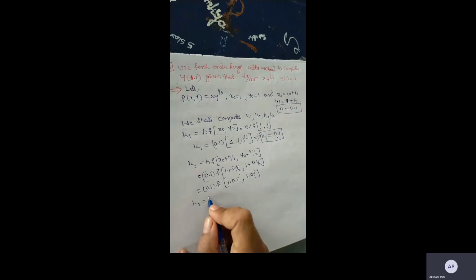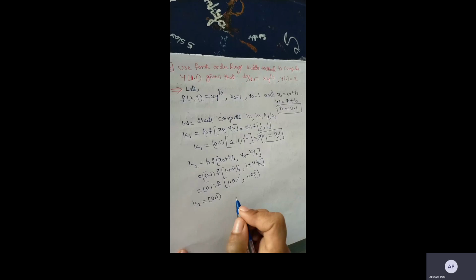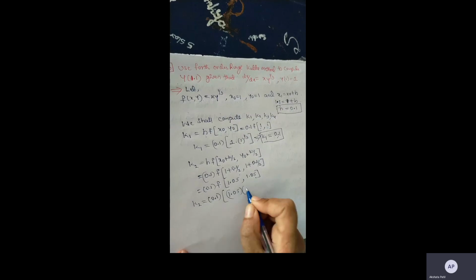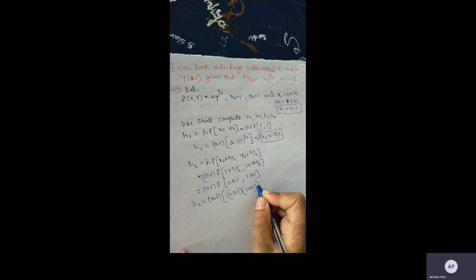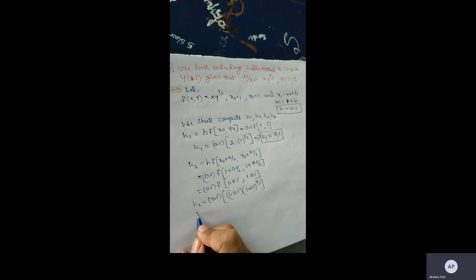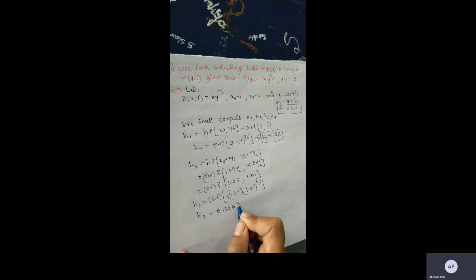So K2 equals 0.1 into x is 1.05, y is 1.05 raised to 1 by 3. After simplification, you will get K2 equals 0.1067.